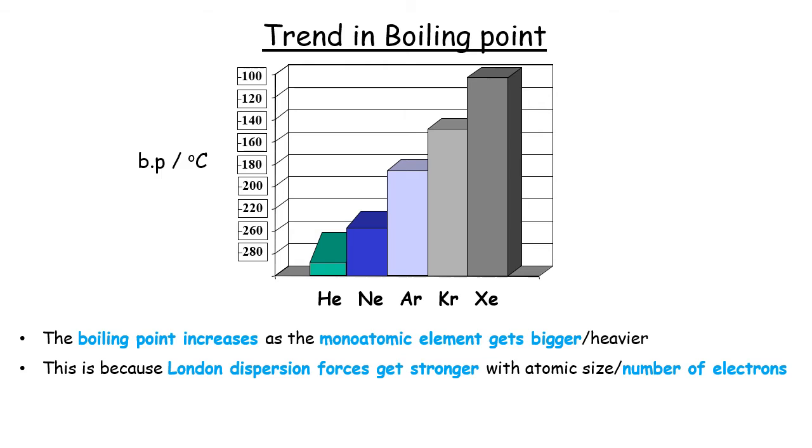And this is because those London dispersion forces get stronger the bigger the atom, or more specifically, the more electrons an atom or molecule has, the stronger the London dispersion forces are.